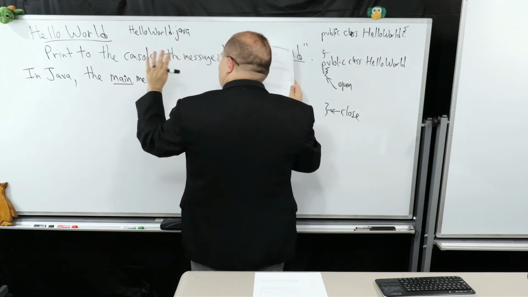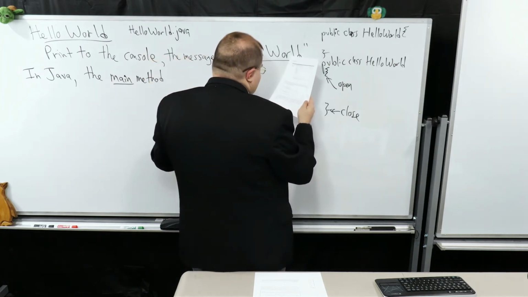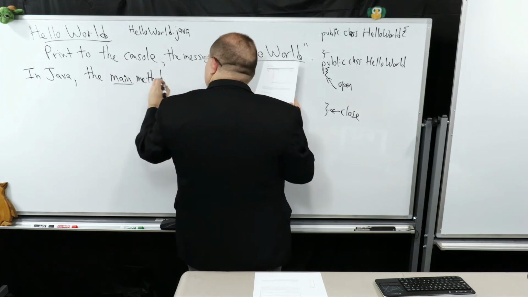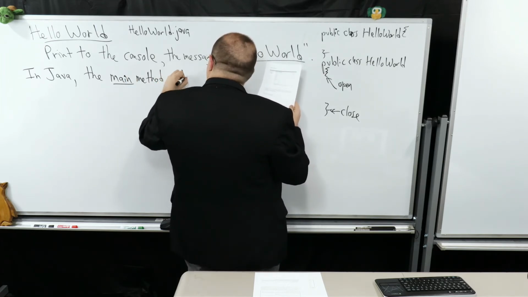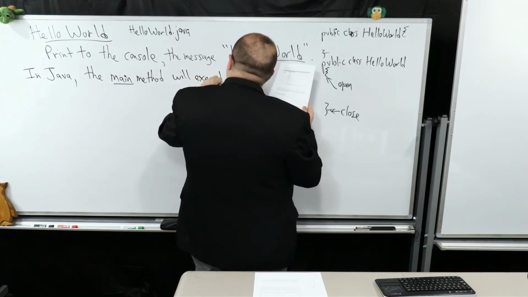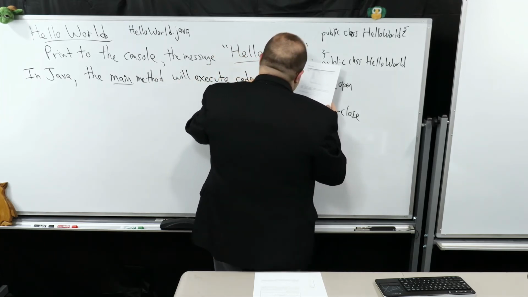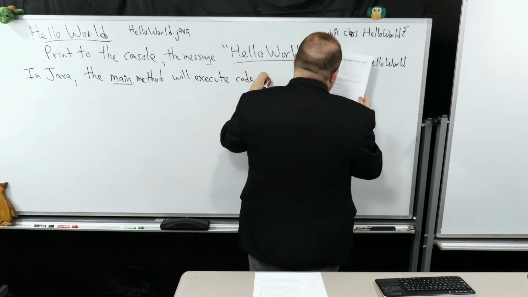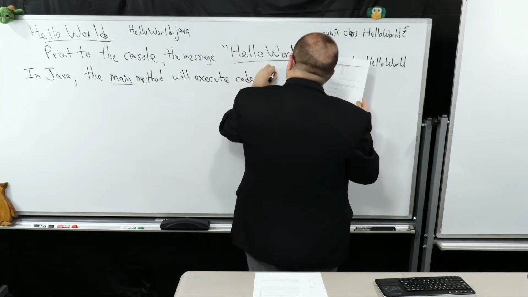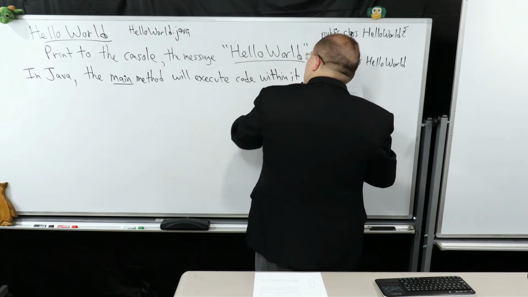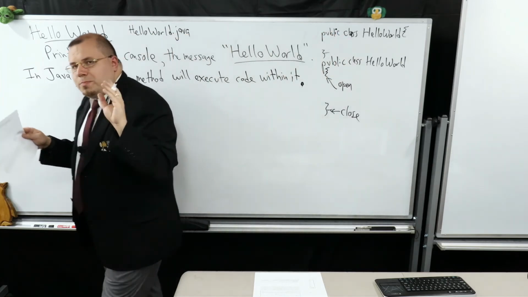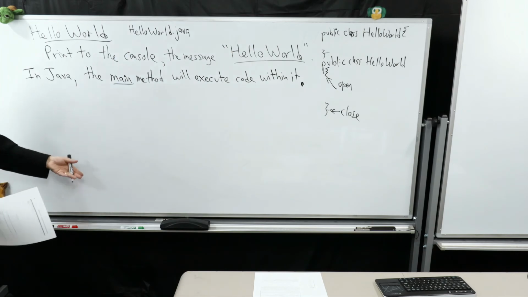This is one of those special exceptions where you don't want to name your thing that thing. So the main method will execute code within it. Any code you put inside of the so-called main method will in fact execute.